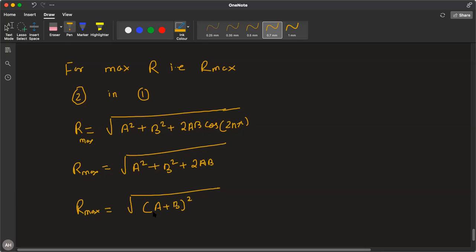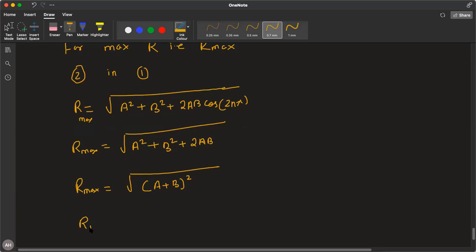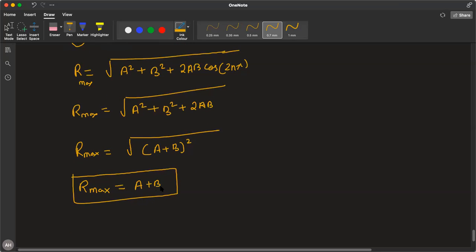This whole square will cancel the root, and you get R max is just a plus b. The amplitude of a plus the amplitude of b is the maximum amplitude.